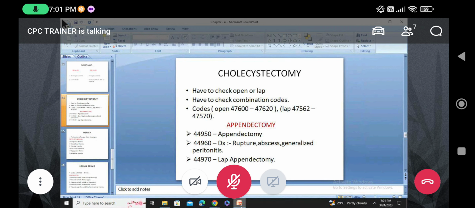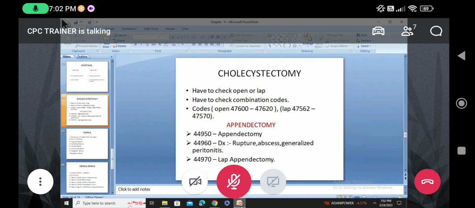Because in open appendectomy we have two codes, 44950 and 44960. Based on the diagnosis only, the codes will differ. For example, if the provider documented ruptured appendix, generalized peritonitis, or abscess, in any of these three conditions with an open appendectomy performed, you directly use the code 44960.